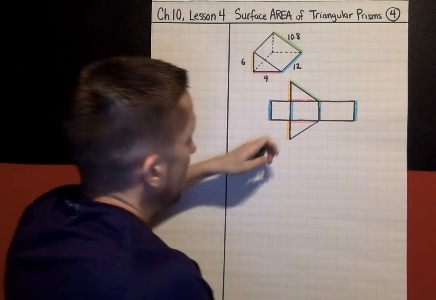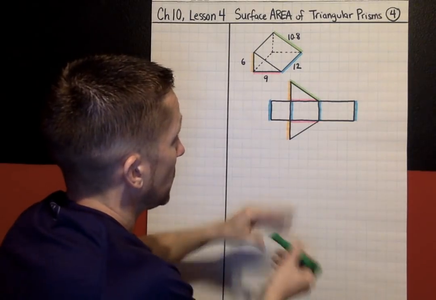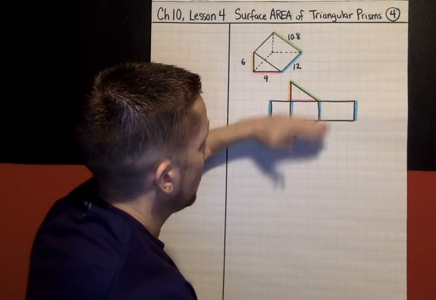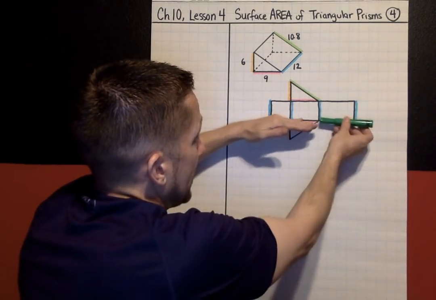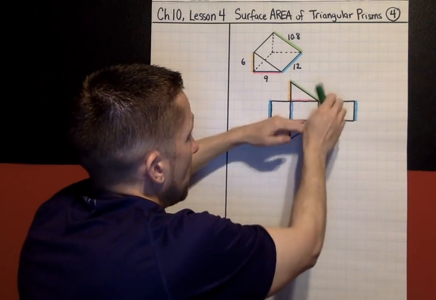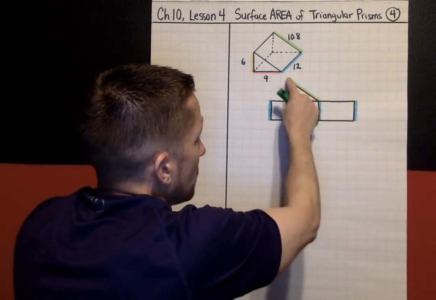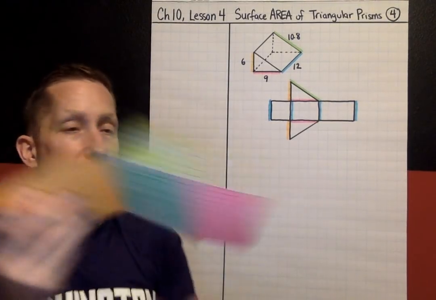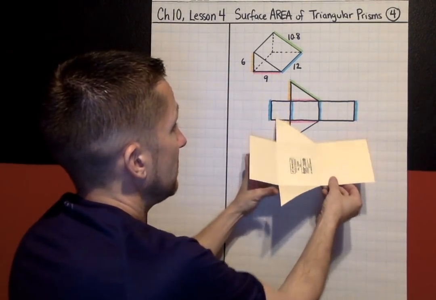That's a 10.8. Now imagine if I were to fold, if this is the bottom, I fold this triangle up, and I fold this up, then this part right here would be kind of the ramp. It would fold up, and this right here would be the same as this. So it's looking like this.